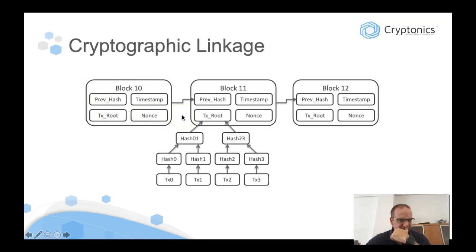And that way we can guarantee this immutability property in a way, because if someone wanted to change something on the blockchain, these hashes wouldn't be correct anymore. So if I change block 10, then the hash in block 11 is not correct anymore. So there's a cryptographic linkage between all these blocks that would be broken, and that's obviously very important.